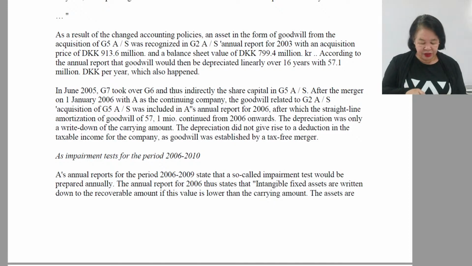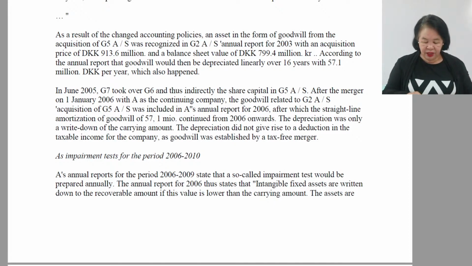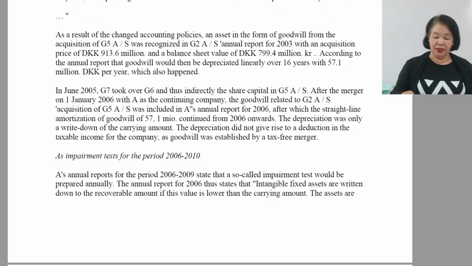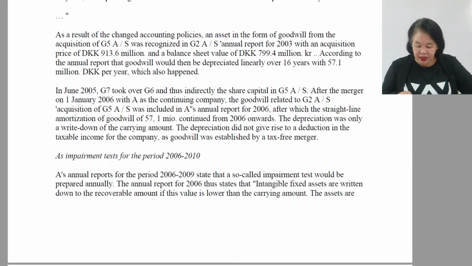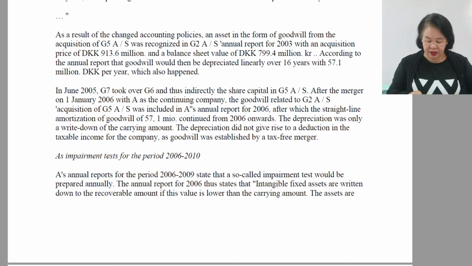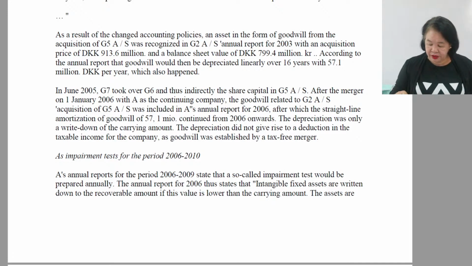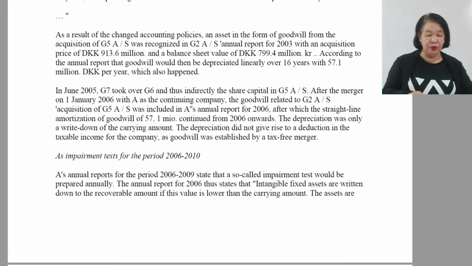After the merger on January 1, 2006, with A as the continuing company, the goodwill related to G2AS's acquisition of G5AS was included in A's annual report for 2006, after which the straight line amortization of goodwill of 57.1 million continued from 2006 onwards.